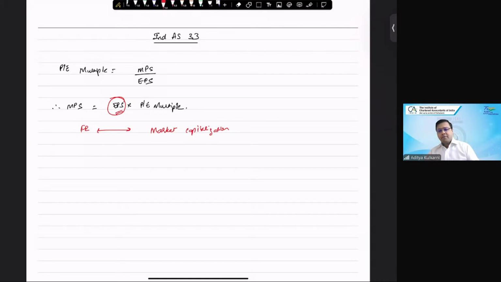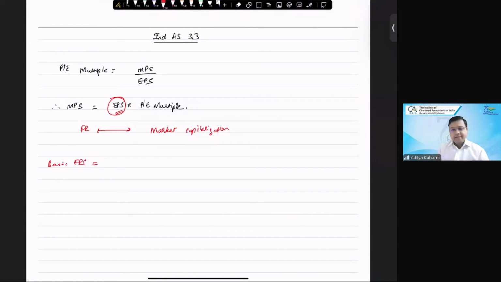So in this particular standard, what is keen for us to understand is principles are mostly coming in from AS 20. So when I talk about principles coming in from AS 20, I'm sure you would have studied something known as basic EPS.